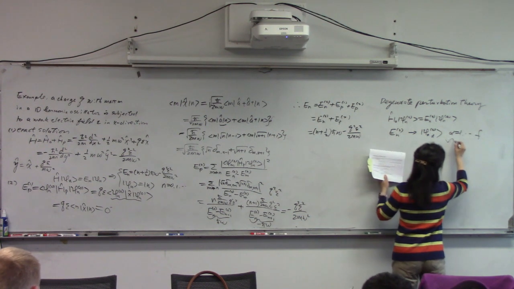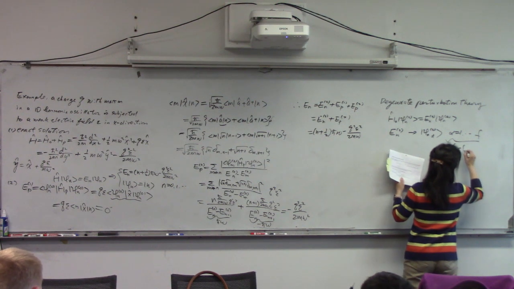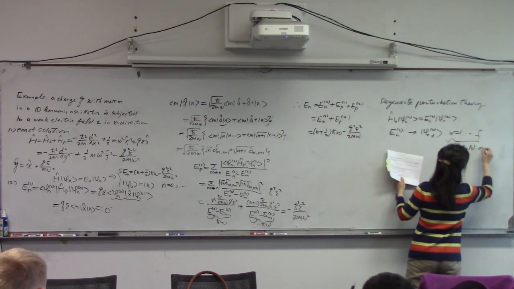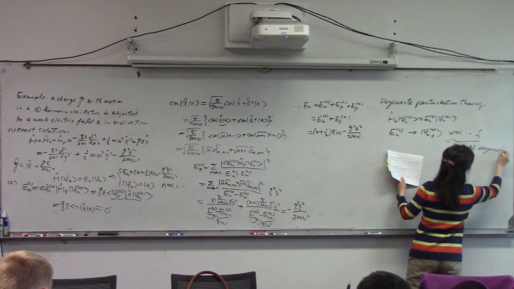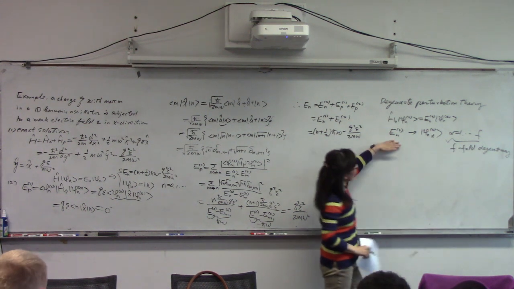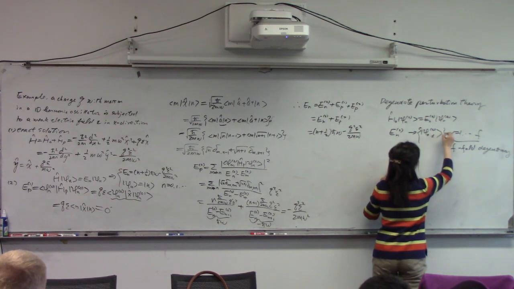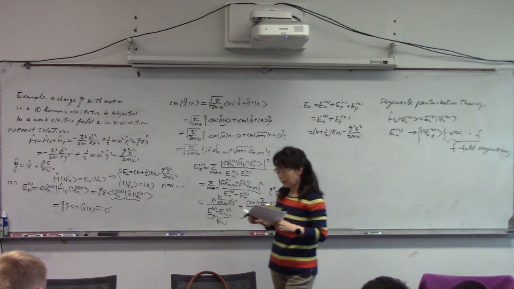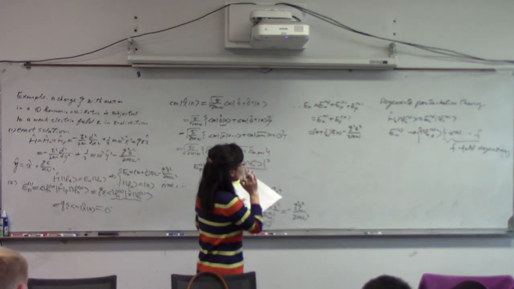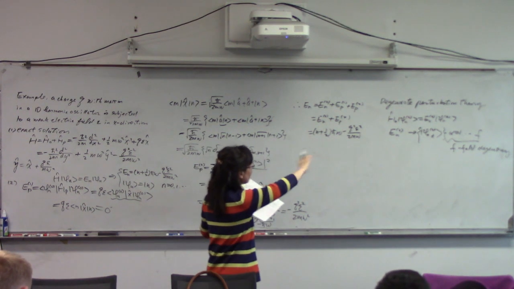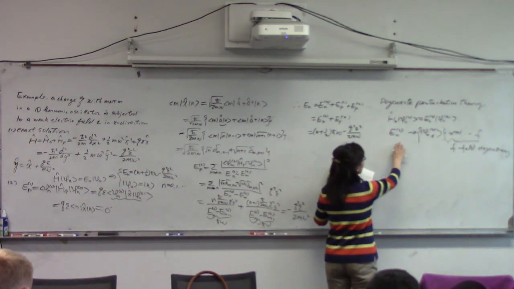So how much degeneracy? For a given energy, how many states will we have? You have f states. That we call the degeneracy, right? If we already know those, that is the exact solution.